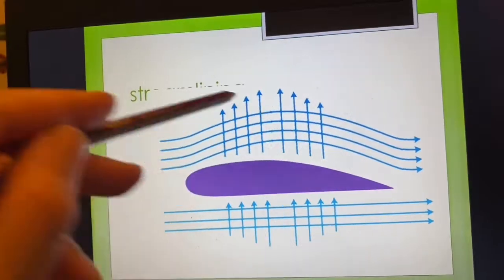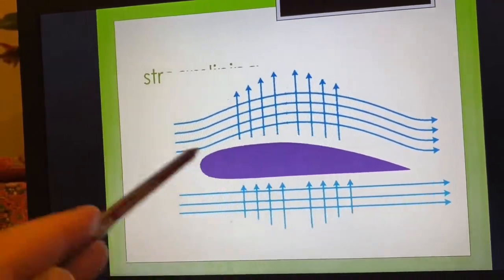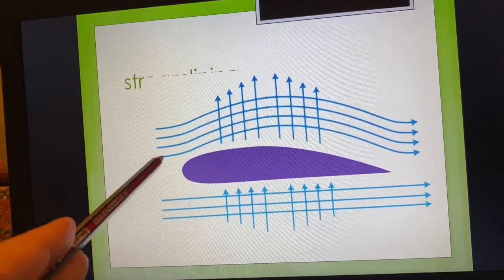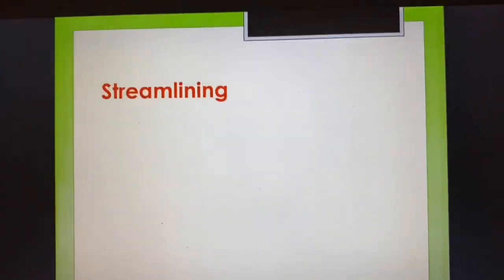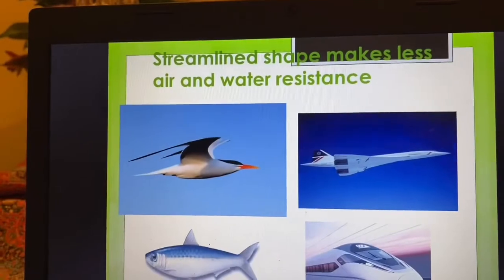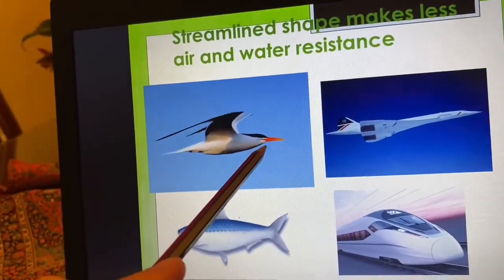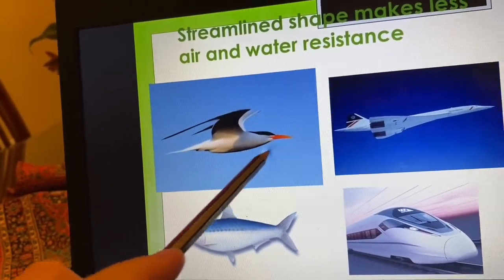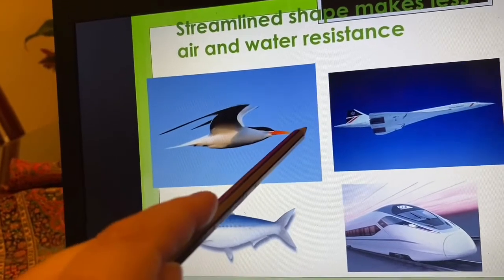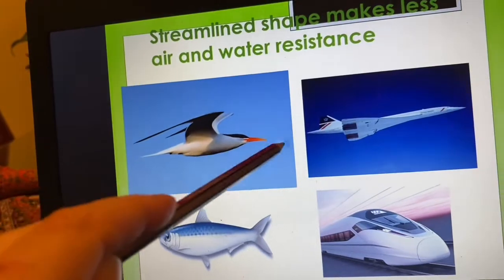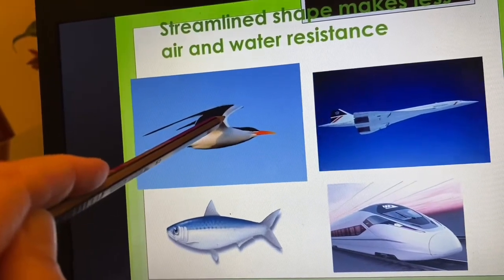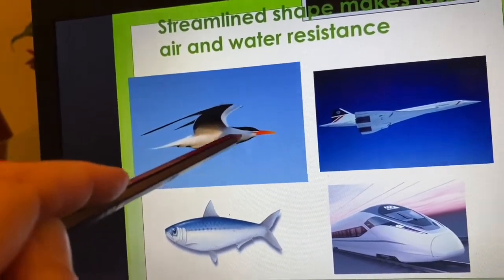Here, this is the shape of the train. يعني the air can slip easily through this shape. It's exactly the shape of the bird. Why do birds have this smooth round shape? Because they don't want more air resistance. يعني the air will slip down and up. So there will be less air resistance.